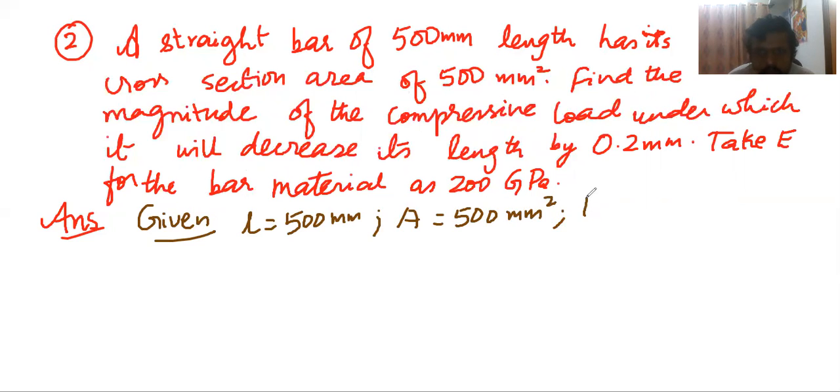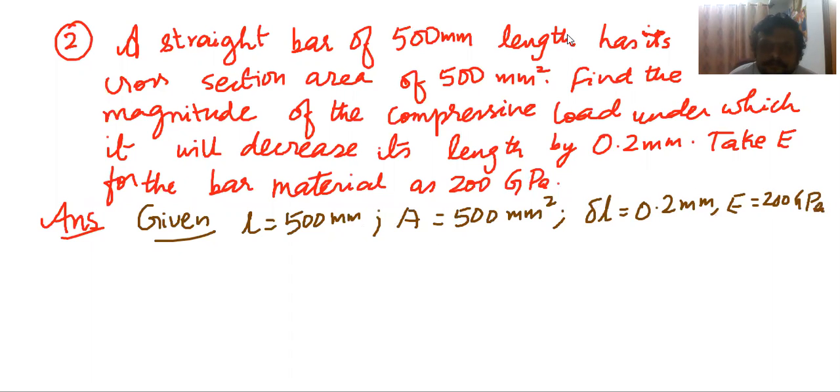So we have to find the load P equals question mark. So we'll just write that as P and we'll write this as delta L, which is decrease in length 0.2 mm, and capital E equals 200 gigapascals.